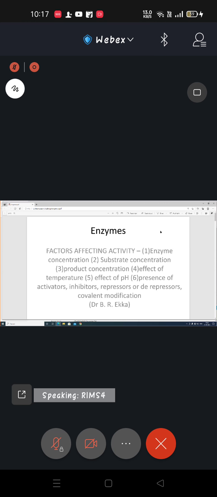So when we say pyruvate being converted into lactate, NADH is being converted.